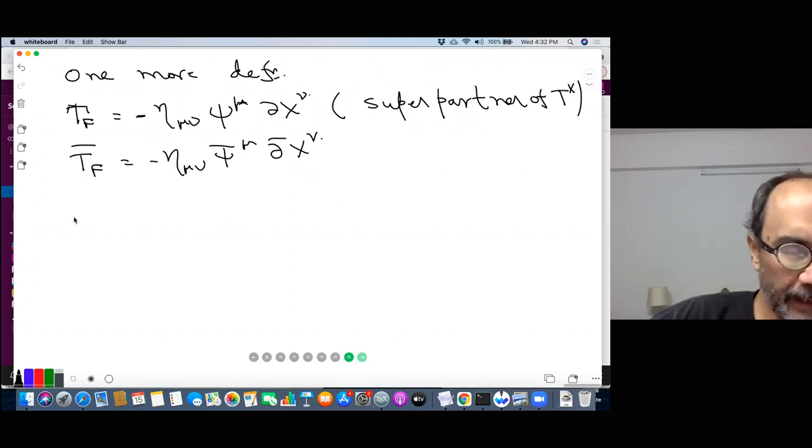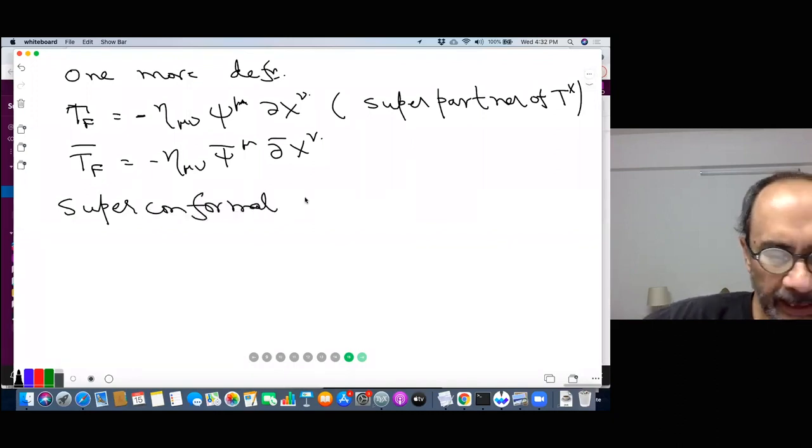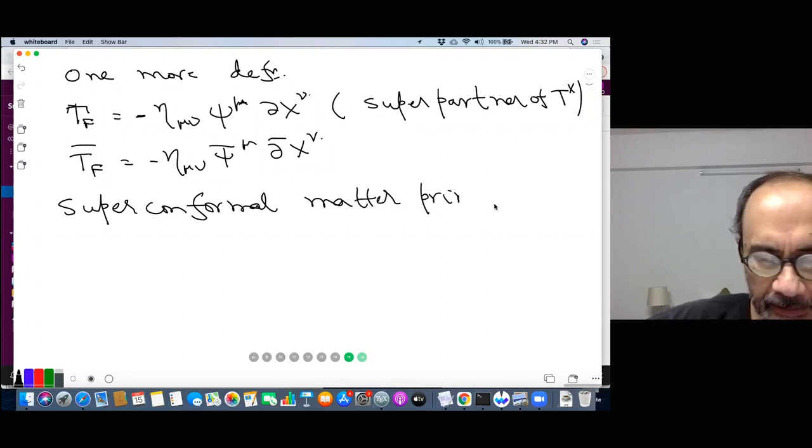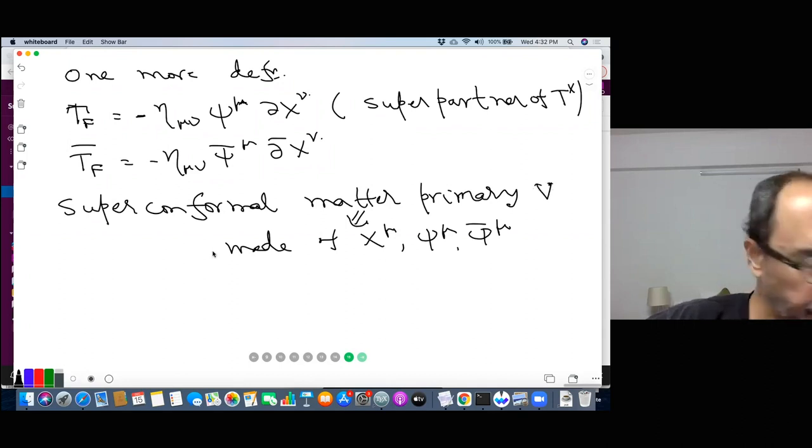Based on this, we can define what we'll call a superconformal primary. This is a superconformal matter primary in the matter sector. Matter basically means that it's made of X, psi, psi bar. No ghost. So if you call the primary V, the operator, then the condition is that V must be a primary in the usual sense.